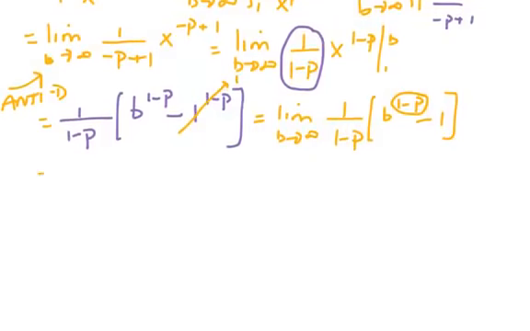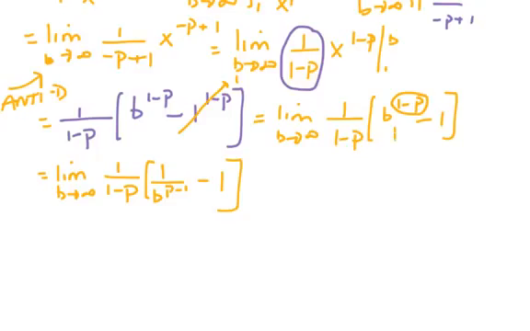This becomes the limit as b approaches infinity of 1 over 1 minus p times, to move that down, 1 over b to the p minus 1.